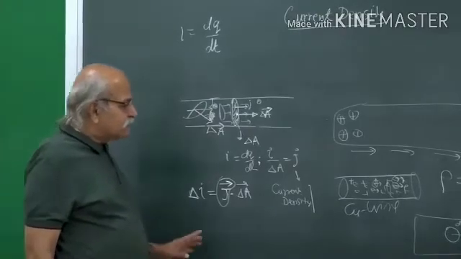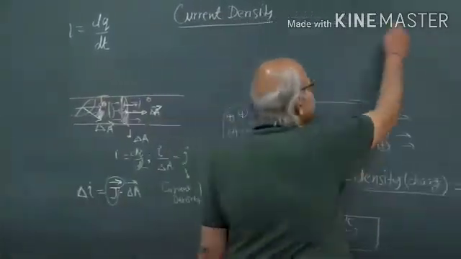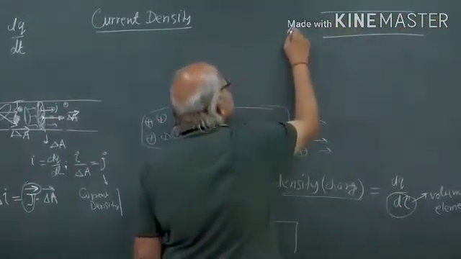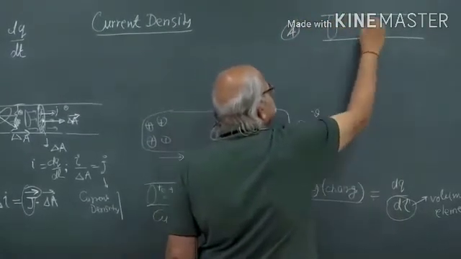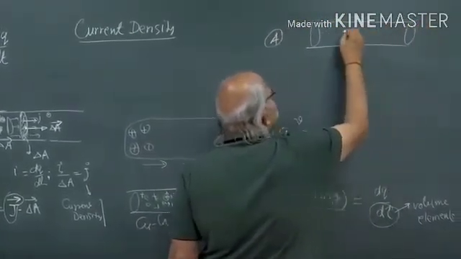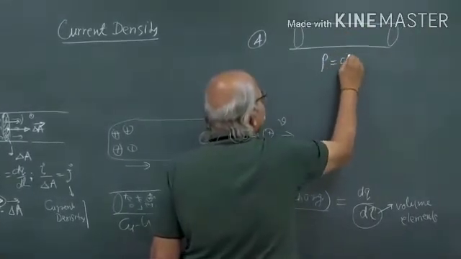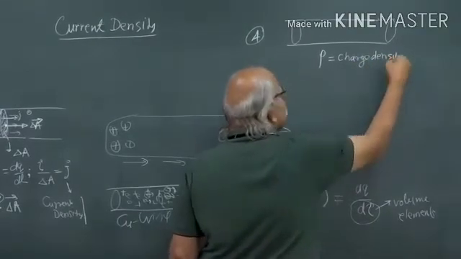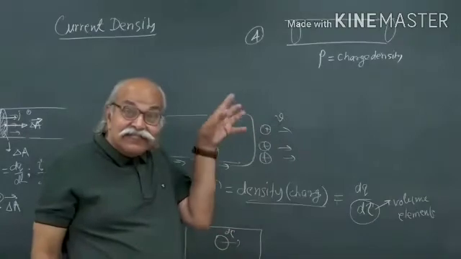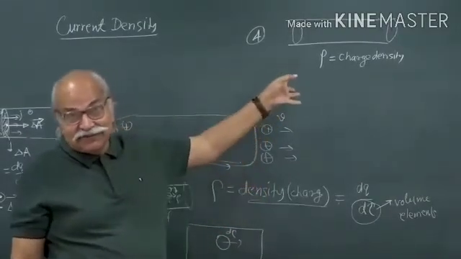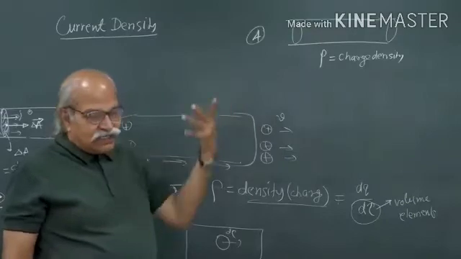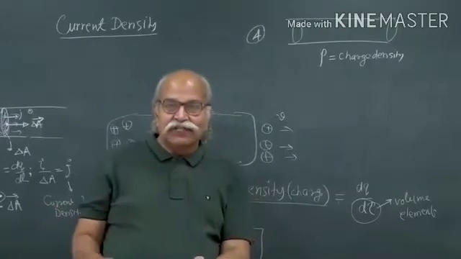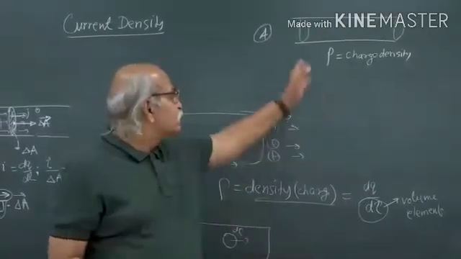So let me take a case. Suppose you have a wire of some cross sectional area A, and then you have rho, the charge density of the charge carriers. That means if it is a metallic wire, it is basically free electrons. Or if you have put the charge somehow on a material, then whatever is the charge per unit volume, that is this rho.